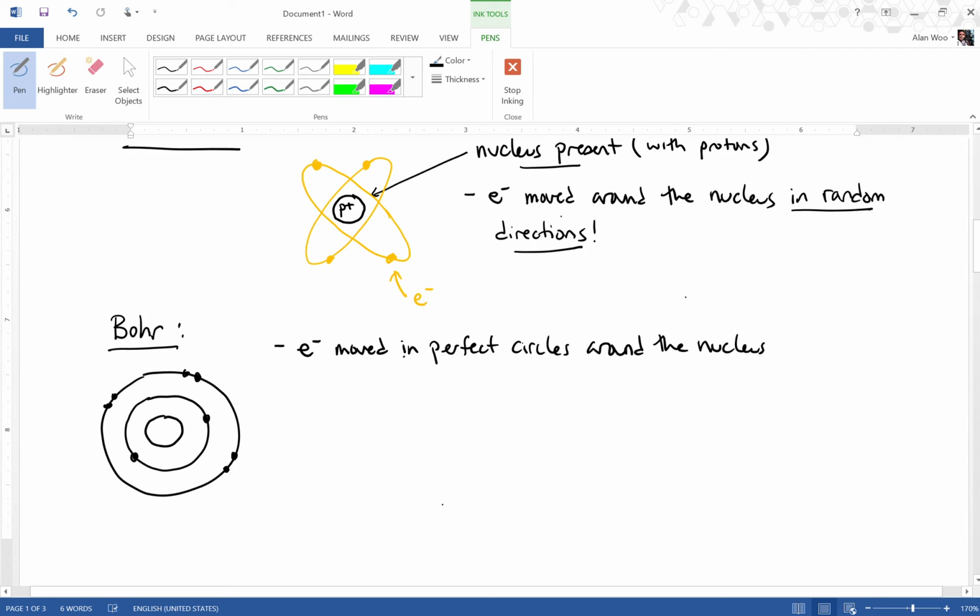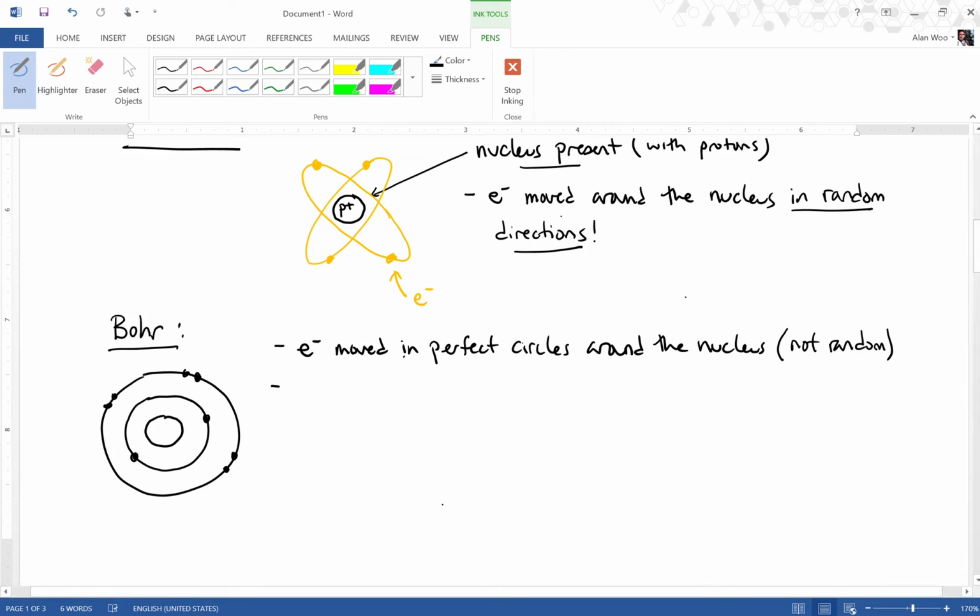Meaning the movement is no longer random. And that's the one thing that they got, that it's not random, but electrons don't move around in perfect circles either. And that will be explained in the quantum model, which is the most current accepted model of the atom.